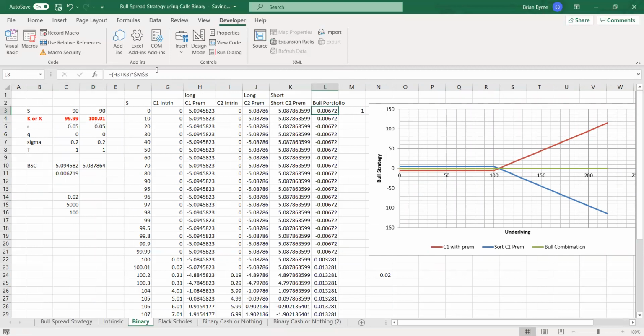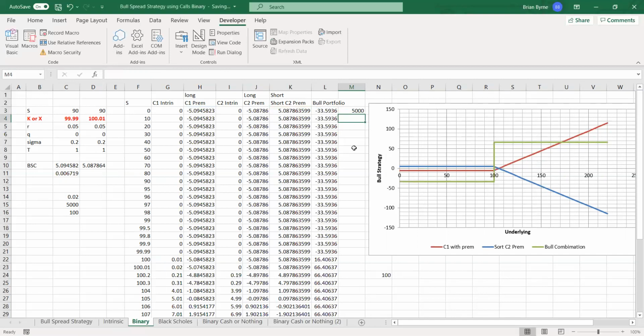Before, we just added the long position and the short position together, and we got a result previously that was higher than this when we used 50 and 100 here. What we didn't do before was multiply by a multiple. In this case, we're going to multiply by 5,000.